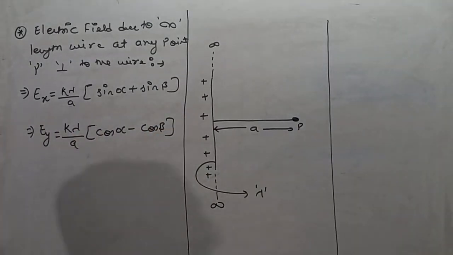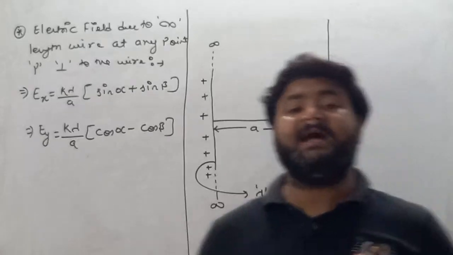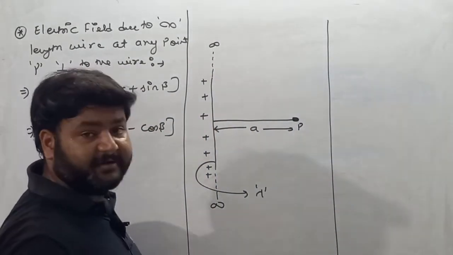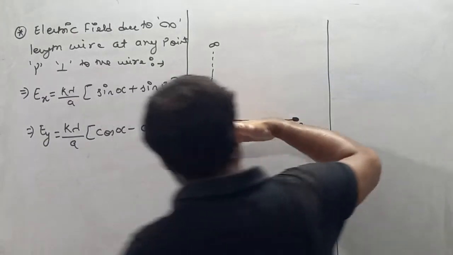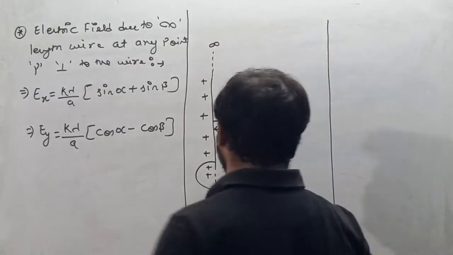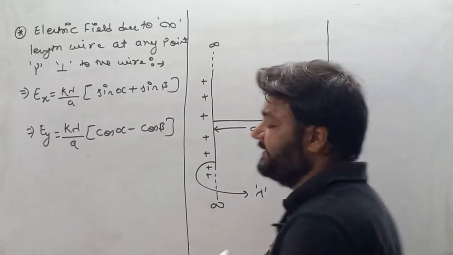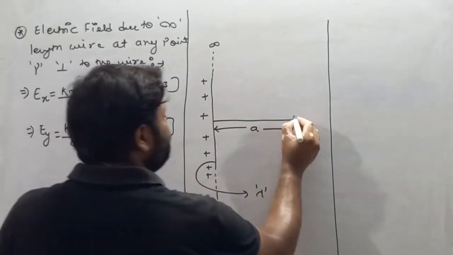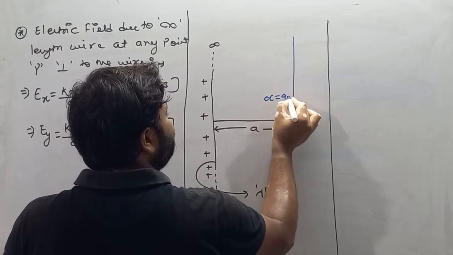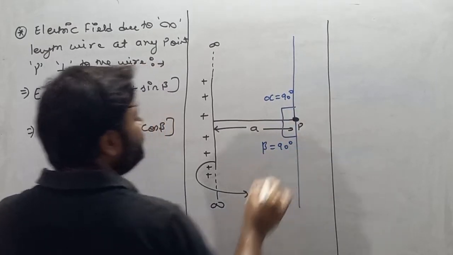Now see, when I was discussing types of wire, at that time I already told you that to see this end we have to rotate by an angle of 90 degree, and to see the lower end also we have to rotate by an angle of 90 degree. So we'll say the rotation angle for infinite length wire alpha is 90 and beta is also 90.